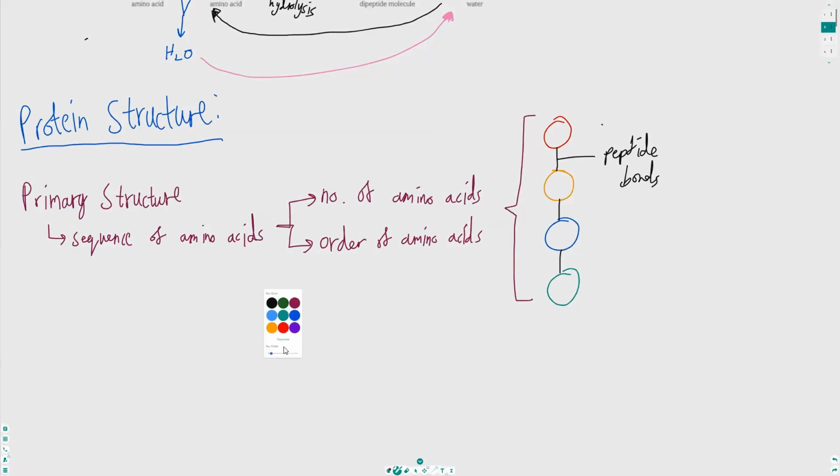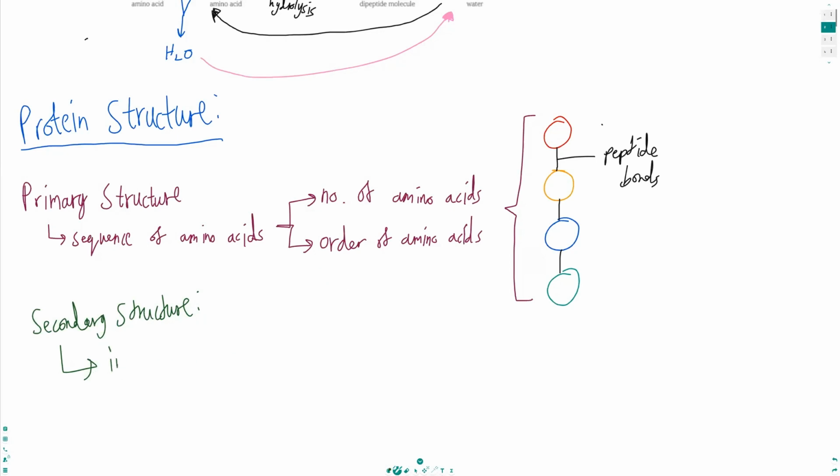Now we're going to move on to secondary structure. In secondary structure, the protein chain, the amino acid chain, is going to start to fold in on itself, and this will happen via hydrogen bonds.